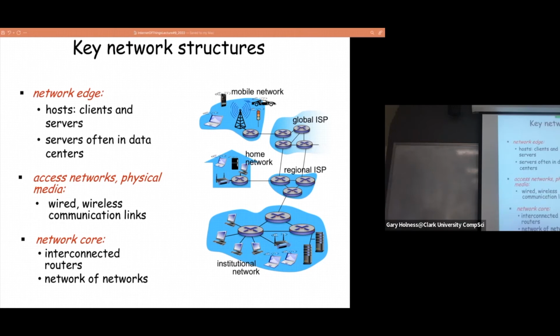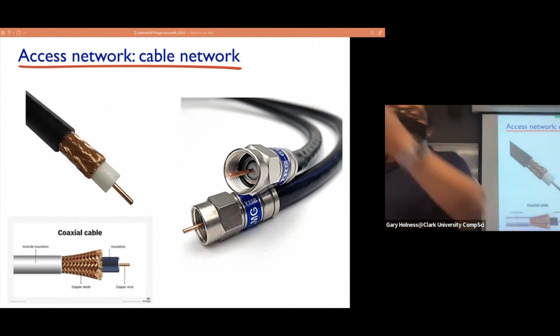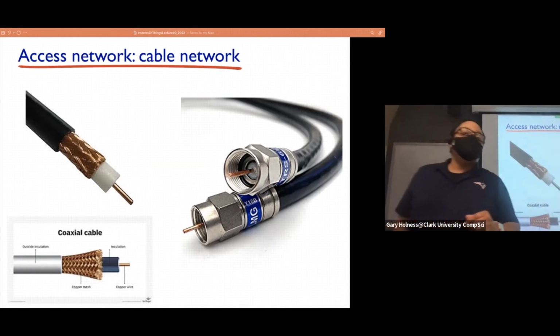All right. So this is a so-called coaxial cable, and this came from cable TV, and we still use it on cable TV. But when they developed cable internet, someone had the brilliant idea to say, hey, can we send data upstream, meaning from the device to the network, as well as downstream?